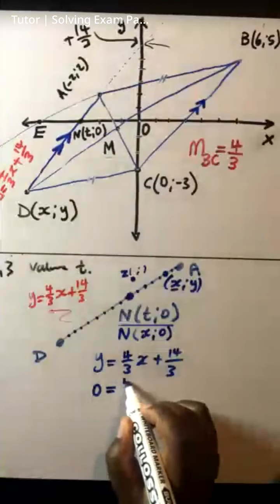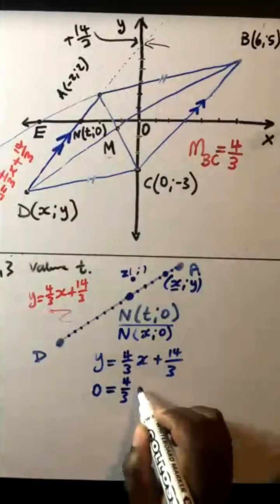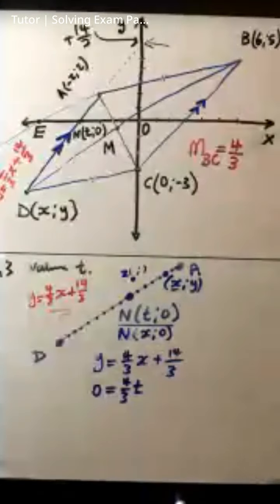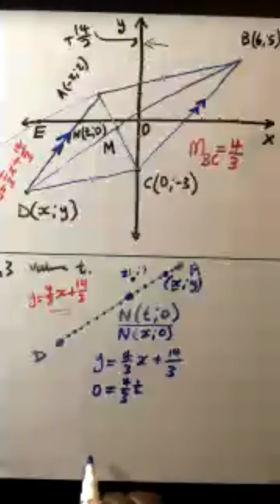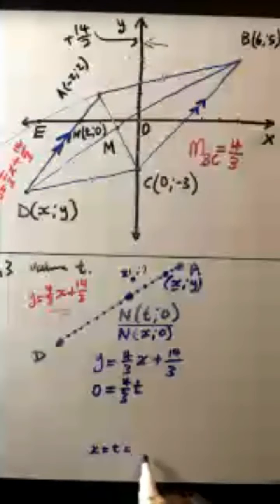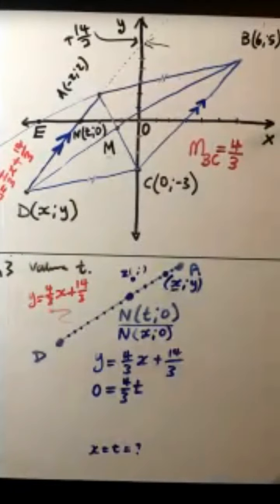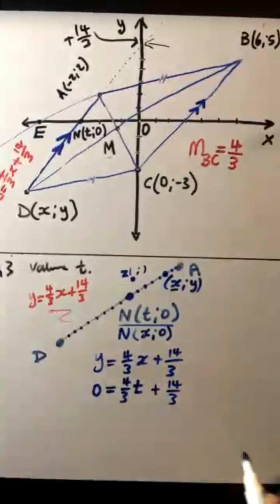This is equal to 4 over 3, then this is t, because we know t is the x value. Even if you wrote x over there, in the end you must say x is equal to t, which is equal to whatever value we are about to calculate. From there, we just add 14 over 3.